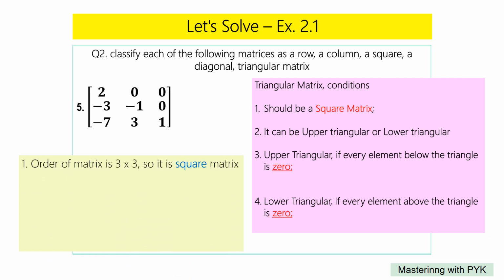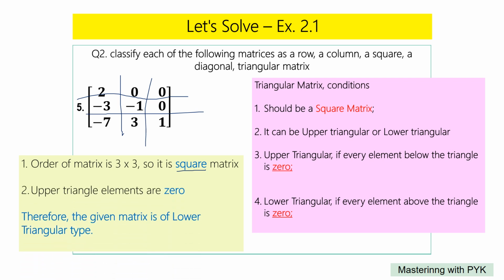So in the given matrix, first the order of the matrix, which is 3 cross 3, that is 3 rows and 3 columns. Right, now it is easy to identify, I guess. These are 3 columns and we have 3 rows. So it is a square matrix. Upper triangle elements are 0. Therefore, the given matrix is lower triangular type.